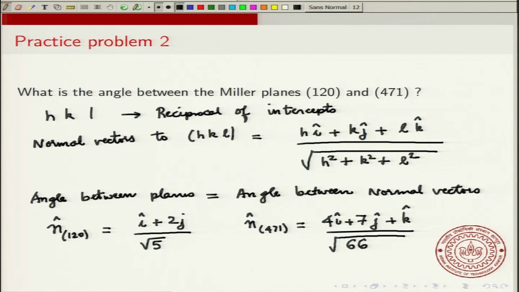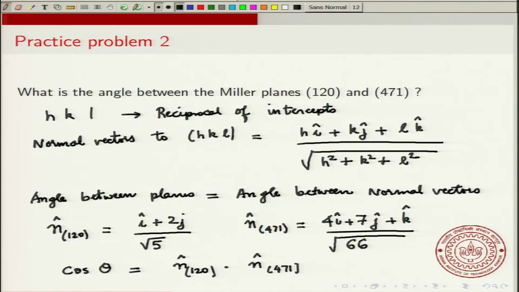Now, we just have to find the angle between these two, and since these are unit normal vectors, the cosine of the angle between them is just the dot product, n120 dotted into n471.